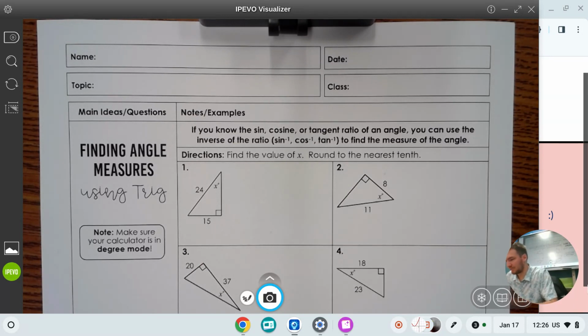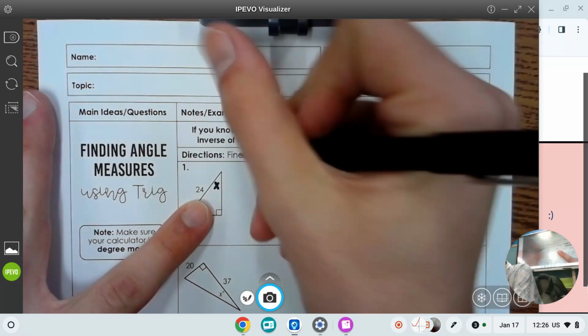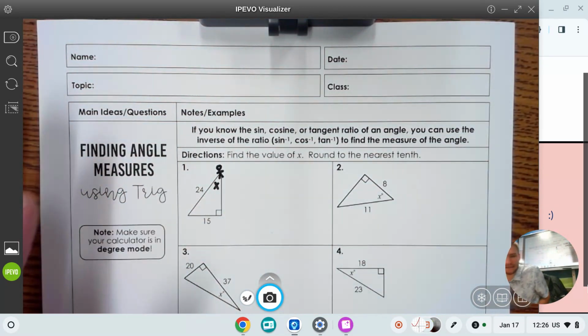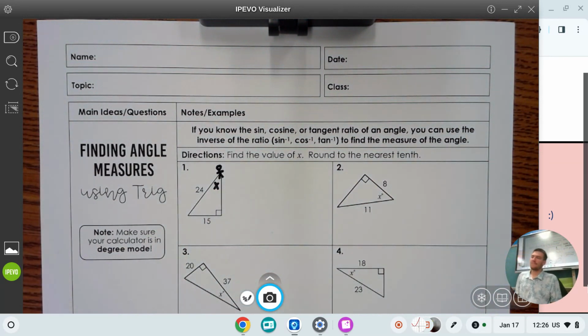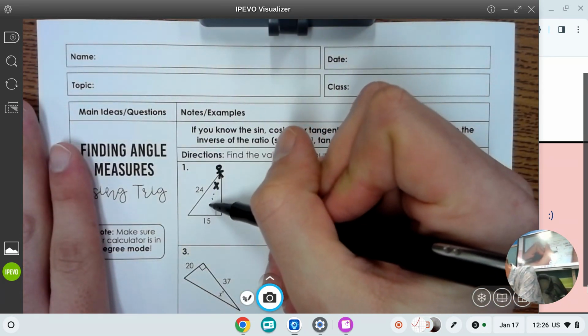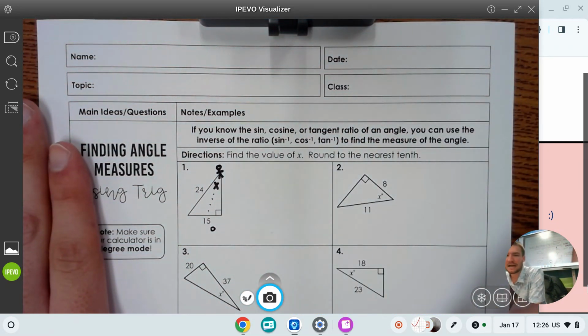So here's what we're going to do. We are going to figure out where this X is in the angle, and this is not necessarily a requirement by law, but I like to draw the little guy in the corner. I like to label my O's, my A's, my H's, and so this 15 is, again, same as yesterday, all the way opposite my little guy.